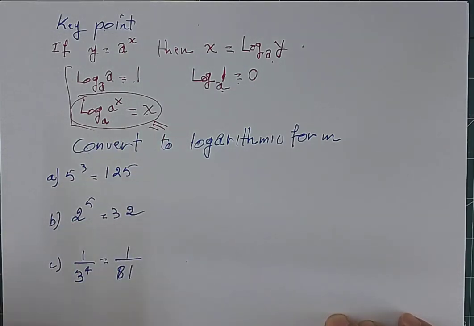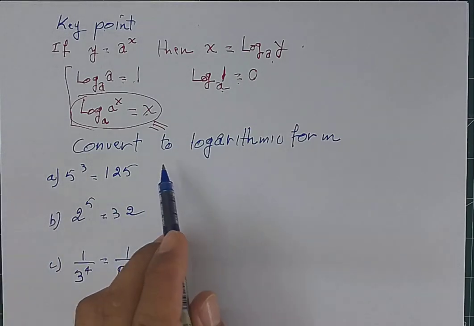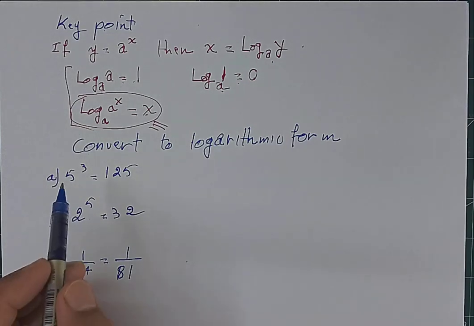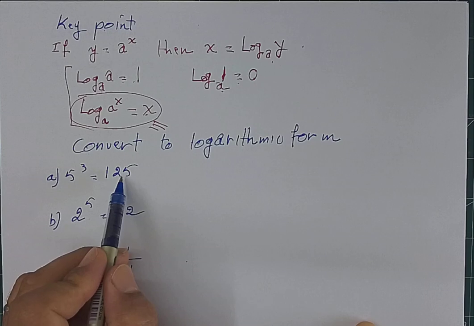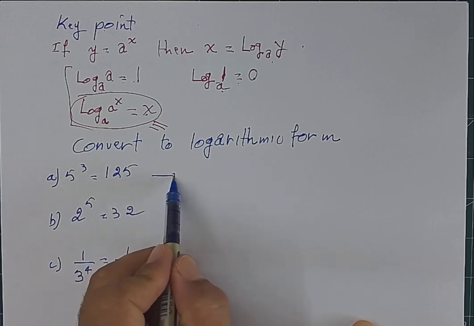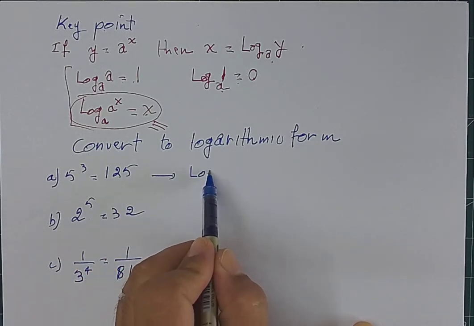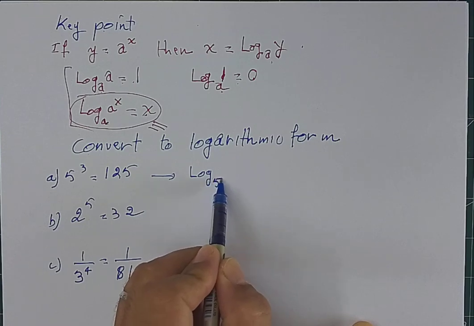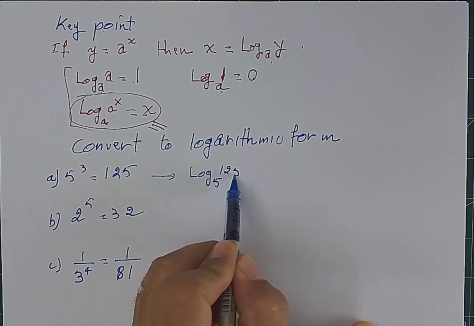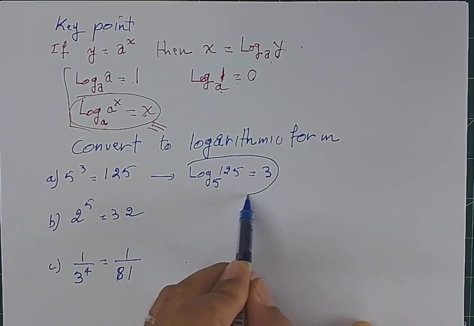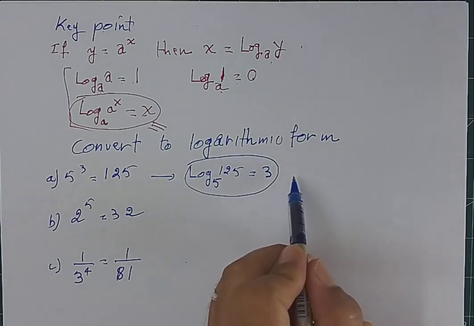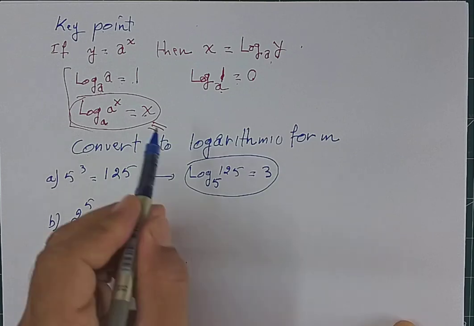So here we have this simple example to convert to logarithm form. Here we have 5 to the power 3 equal 125. I can change it to log base 5 of 125 equal 3. So this formula I can change by another one like that.